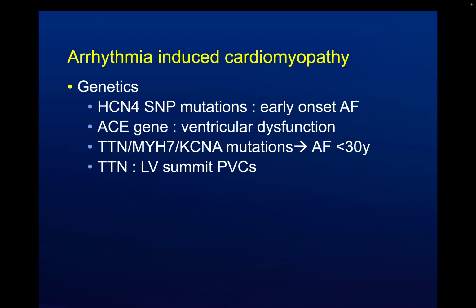There is recent evidence to suggest that some of the patients with arrhythmia-induced cardiomyopathy may have underlying genetic mutations, especially, for example, single nucleotide mutations in the HCN4 gene, which are responsible for early onset AF, mutations in the ACE gene, which are responsible for ventricular dysfunction, and which may be first diagnosed with the help of PVCs, Titin, KCNA, MYH7 mutations, which are responsible for atrial fibrillation in patients less than 30 years, and recently, the Titin mutations seem to be associated in patients having PVCs originating from the LV summit.